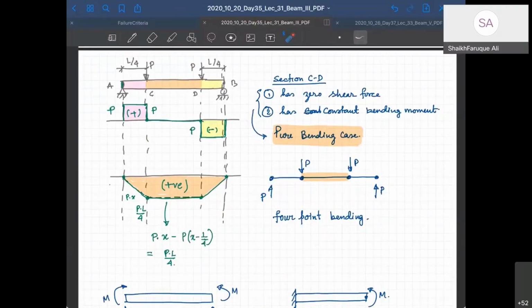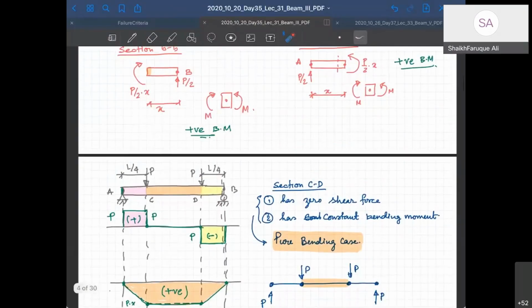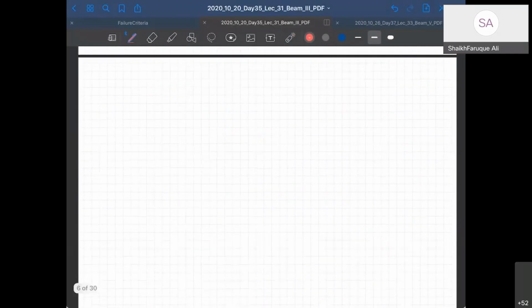Pure bending is very important, and we cannot live without that in this course. Pure bending. Okay. Now, why did I say pure bending? Let's come to a little bit more detail, which is new for you now.